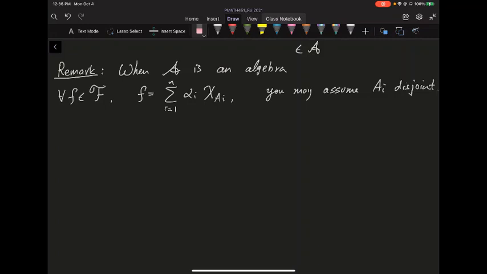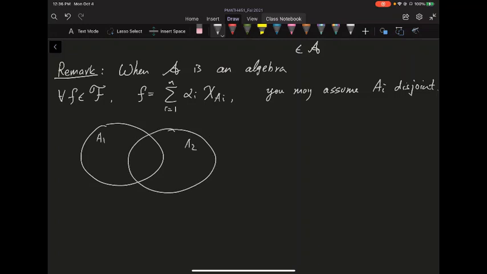And when you have an algebra, you can actually assume that these sets A_i are disjoint. The idea is fairly simple. Let's maybe draw a picture so it will be a lot easier. Suppose you have some A1 and maybe you have A2 and you have some A3, they may not be disjoint.